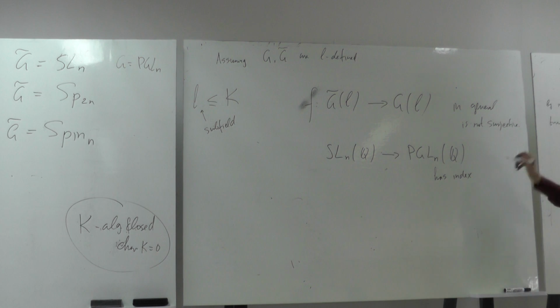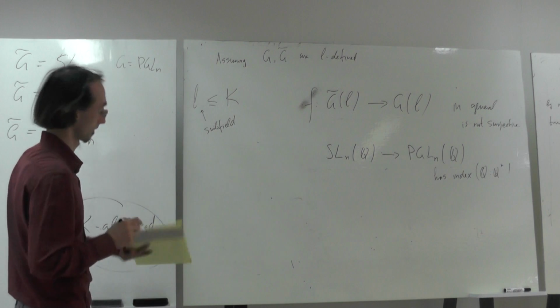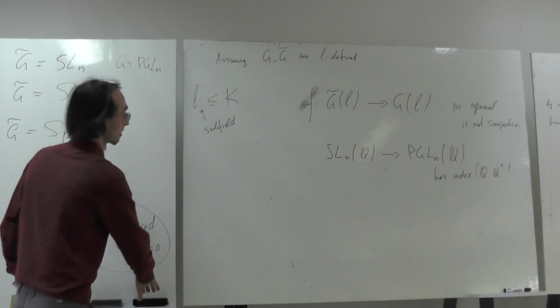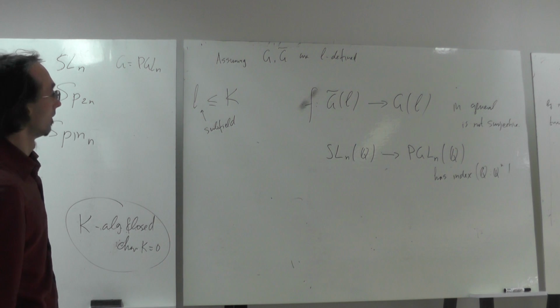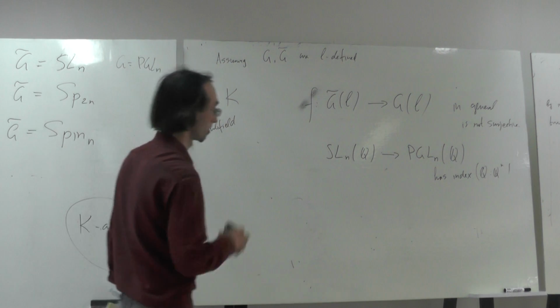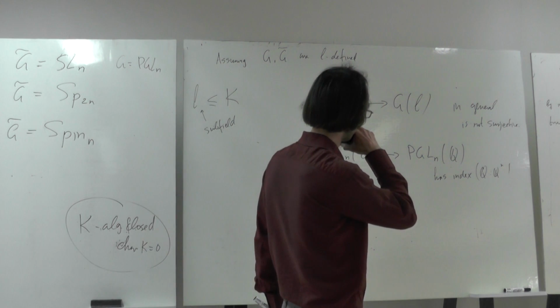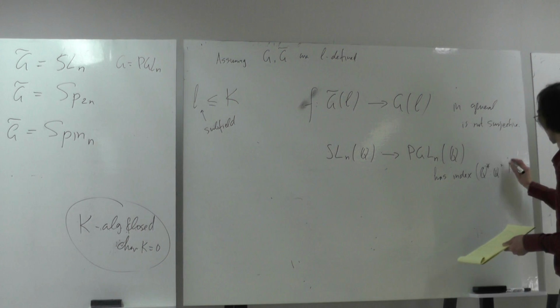Actually, it's an infinite index, right? You can take Q star over Q star to the n.